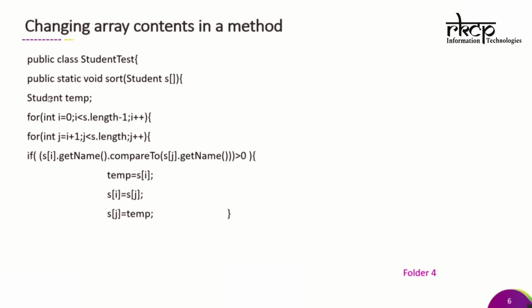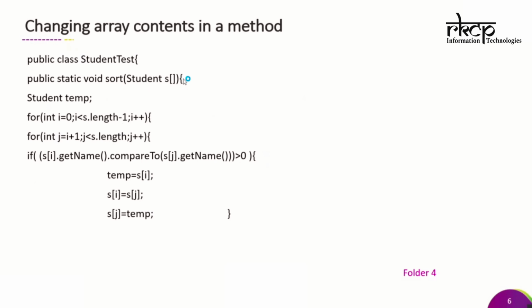Here I have created one reference of a student, and I'm going to run two for loops. The first for loop starts from 0, and runs up to the size of the student class array. The second for loop starts from i plus 1, and it will run till the length of the student class array.